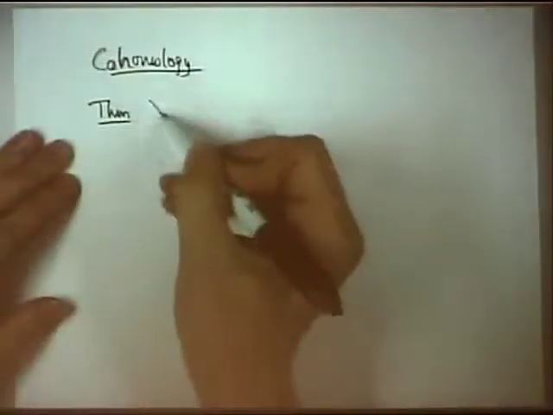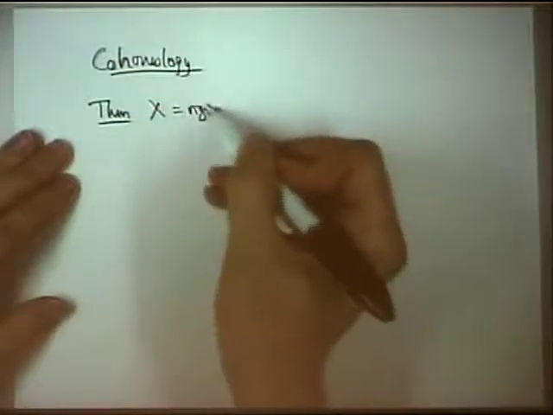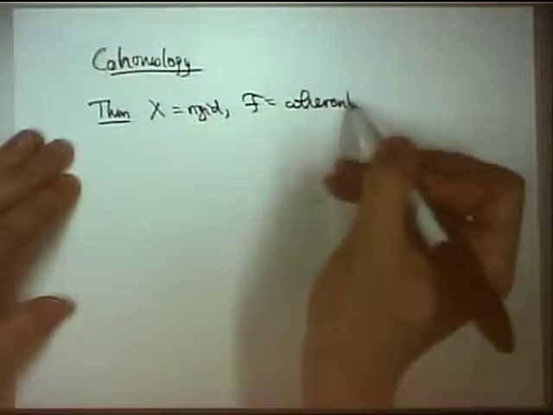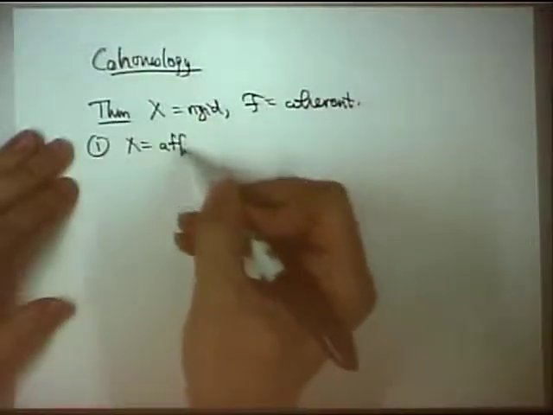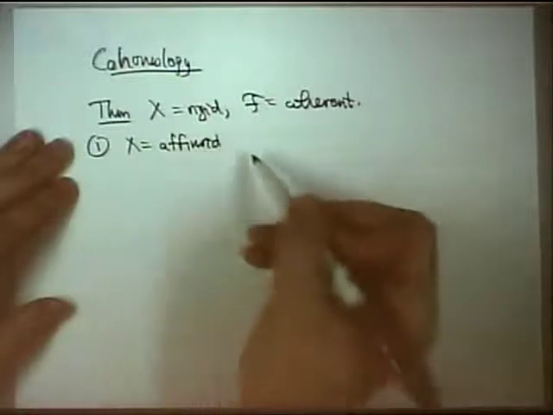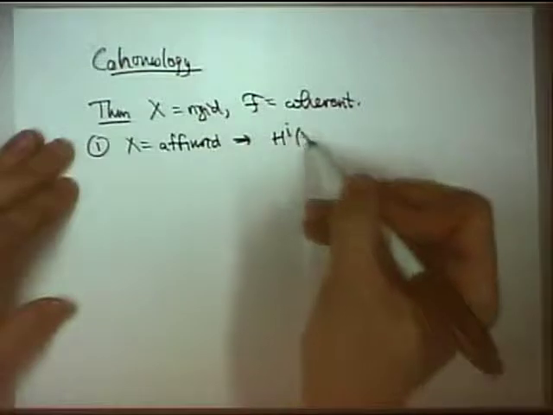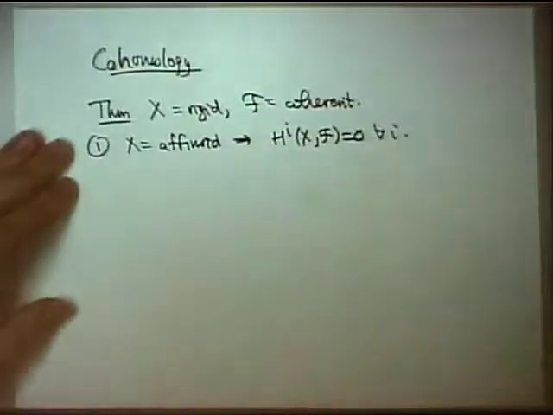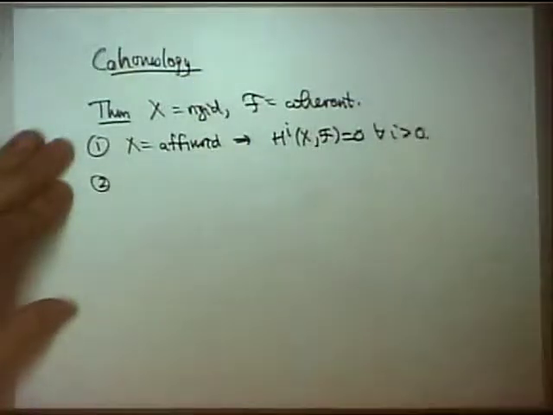Suppose I give you X. Say X is a rigid space, and F is a coherent sheaf. Then, first of all, if X is affinoid, then in fact the higher sheaf cohomology is 0 for all positive i.